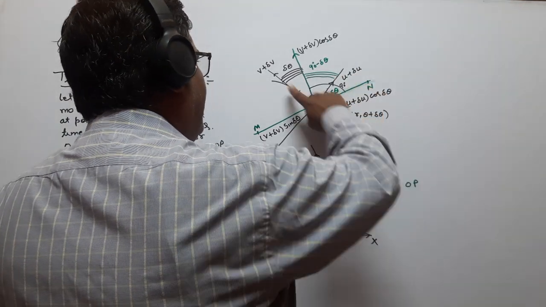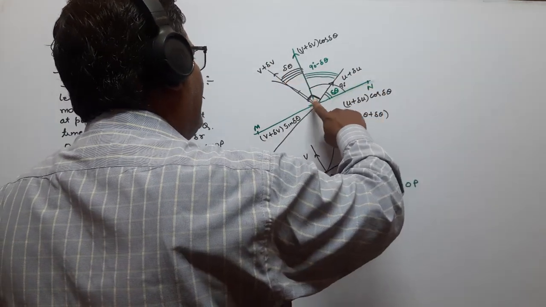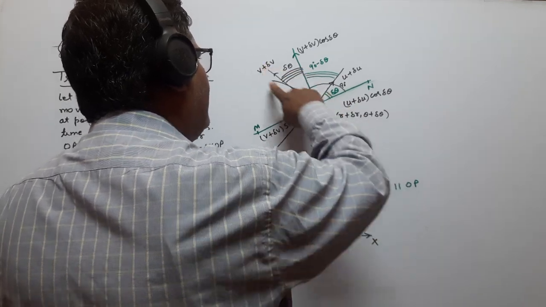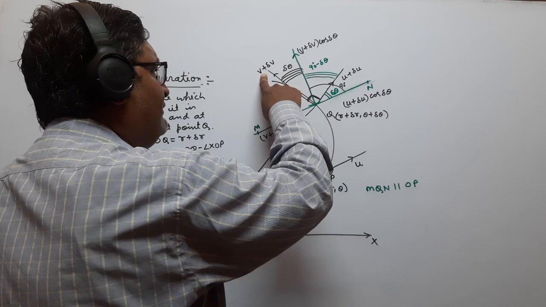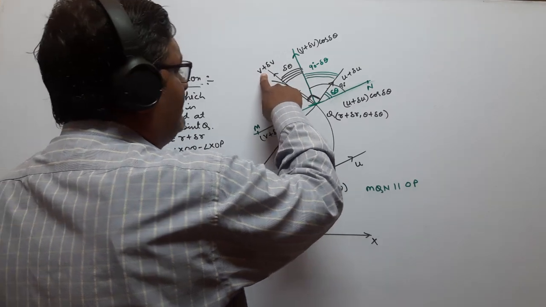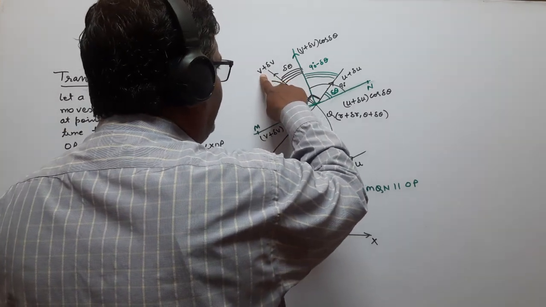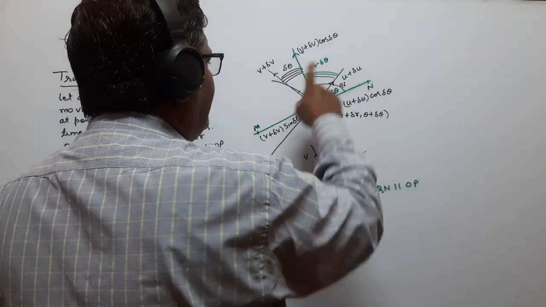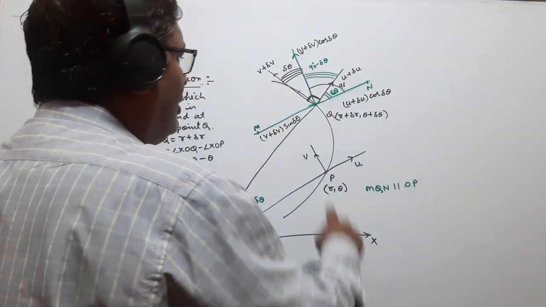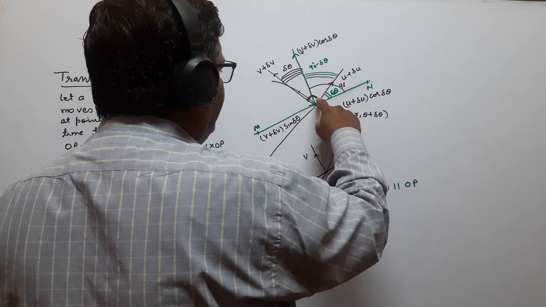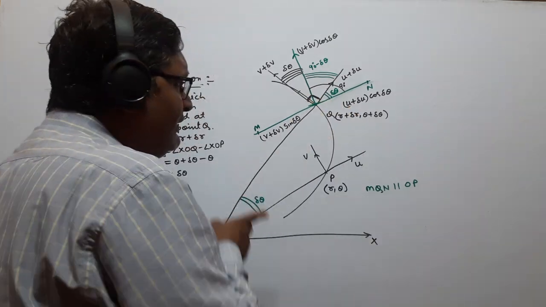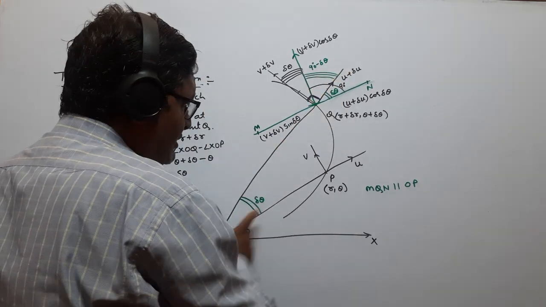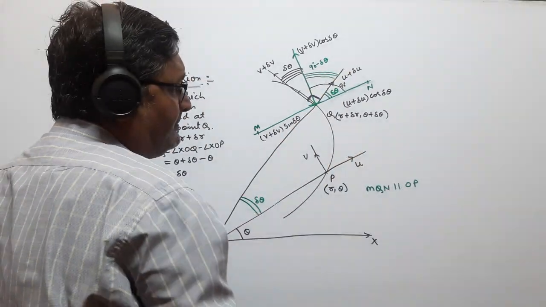Whereas at point Q, the velocity component which is perpendicular to the radius vector OQ is v plus del v, and this v plus del v is the transverse velocity, because this is in the direction perpendicular to the radius vector OQ. Now this angle is 90 degree, you can see here. Now we draw a line MQN which is parallel to the radius vector OP.